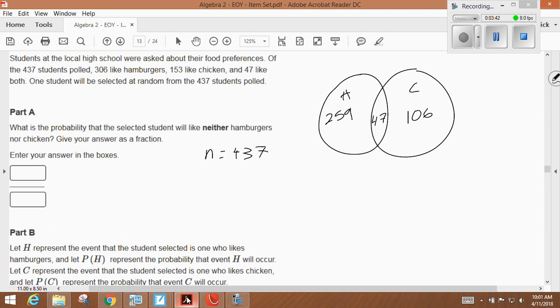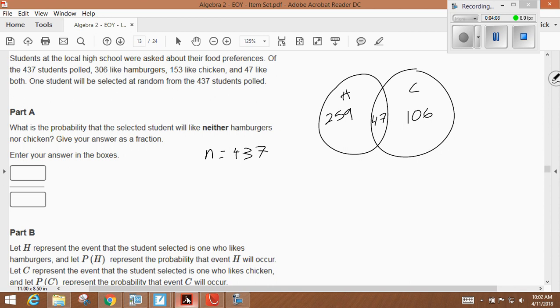Because it wants to know what the probability is, or the proportion of people that like neither hamburgers nor chicken. So this total across here is the total number of people who like chicken, or they like hamburgers, or they like chicken and hamburgers. You know what I mean?